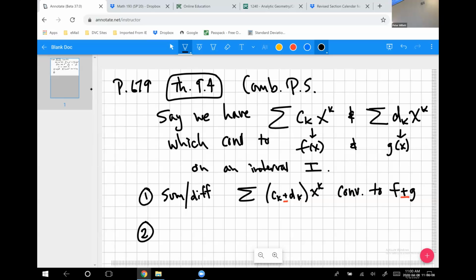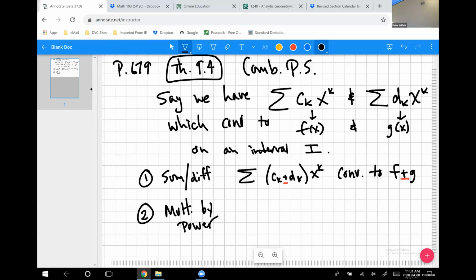Okay, all right, the next one is multiplication by a power. Let's remember that these series are polynomials, so they have increasing powers of x, like x, x squared, x cubed, et cetera. I'll use the language they have in the theorem.